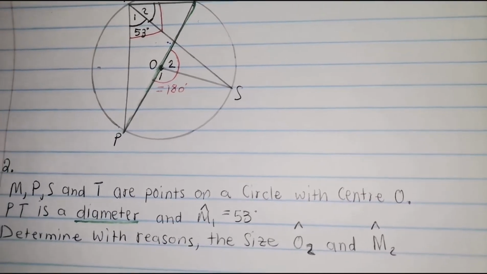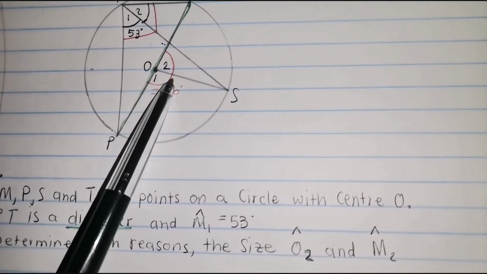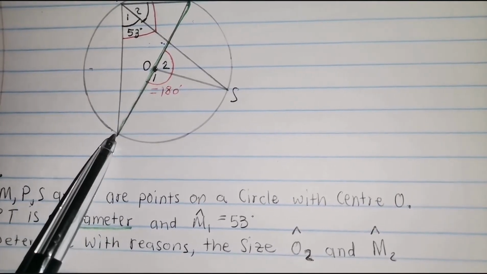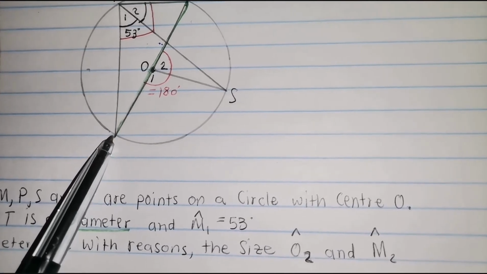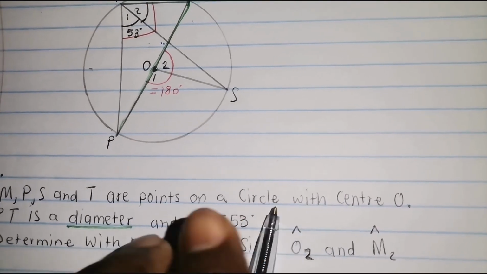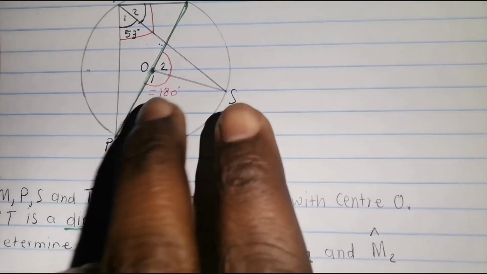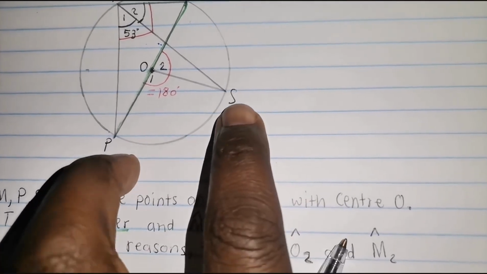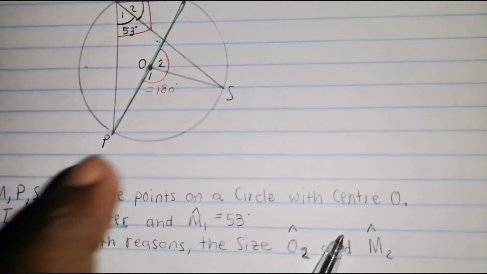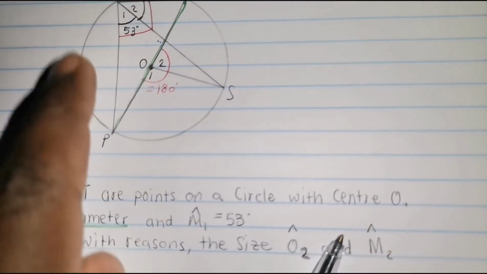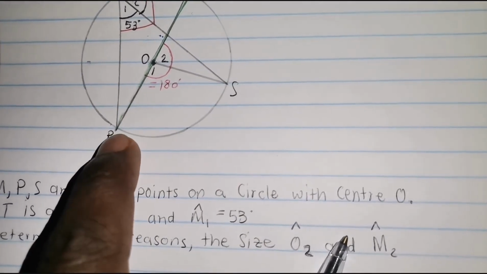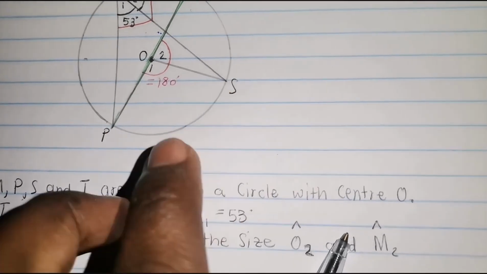According to theorem number 2, if you have an angle at the center, O1, it has a chord or arc PS. PS is our arc, and O1 is equal to twice M1, because these two angles are both subtended by this arc PS.